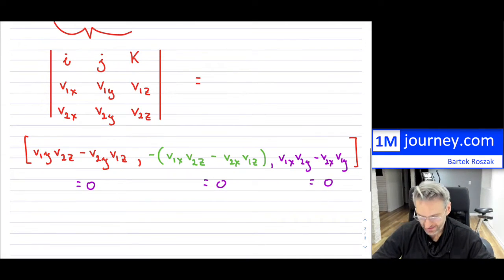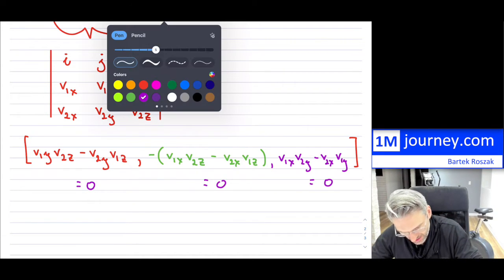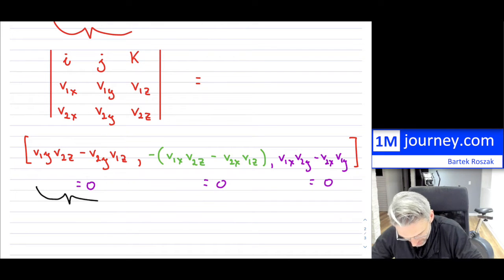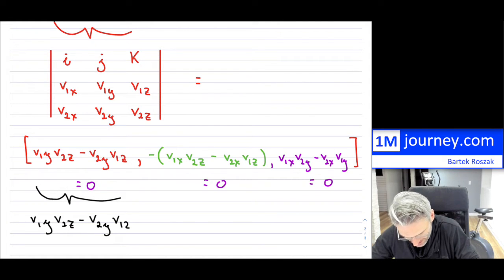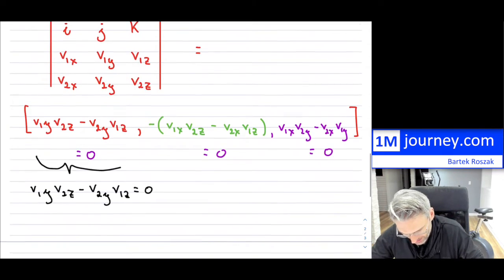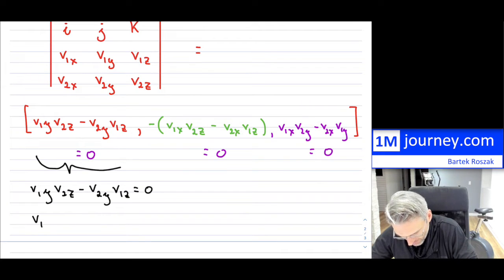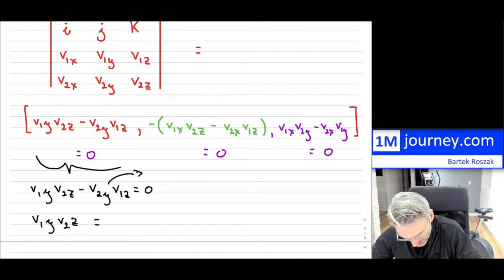Now with that, because I know this, let me just expand on one of them, and then the other ones I'll speed up the process. So notice that what we have is V1Y, V2Z, minus V2Y, V1Z, and this is equal to 0. Now I'm going to just move these terms around, so V2Z, and this is going to bring this over to the other side, so this is V2Y, V1Z.